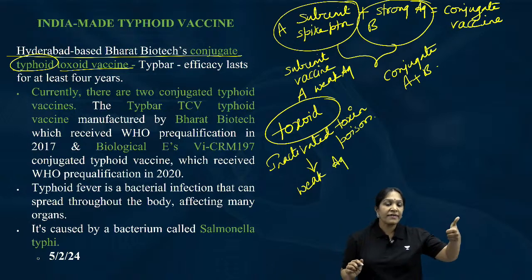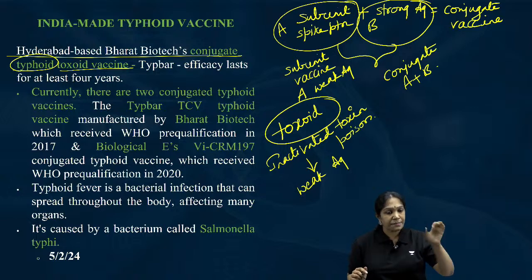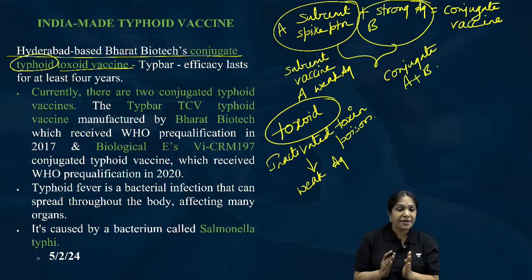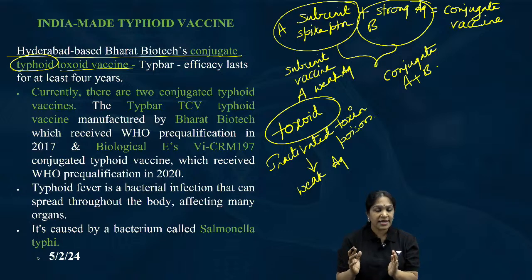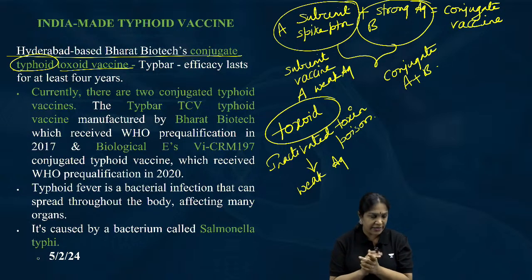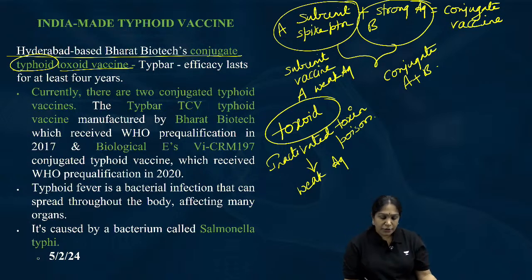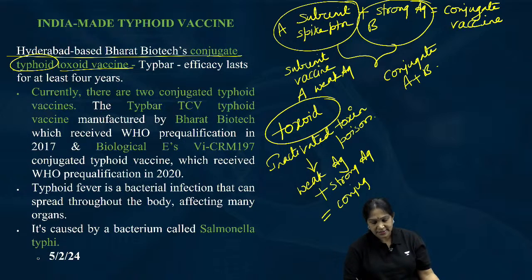In the SARS coronavirus example, the weak antigen can be spike protein. In the typhoid case, the weak antigen can be this toxoid. Then, to this we are adding a strong antigen. Then it is called a conjugate vaccine.